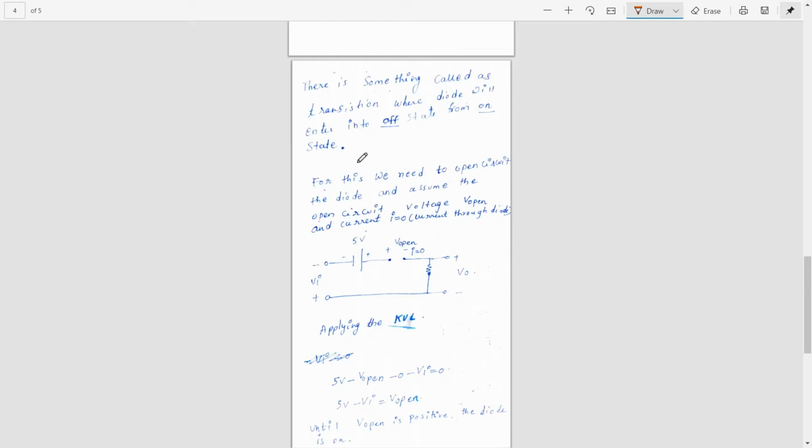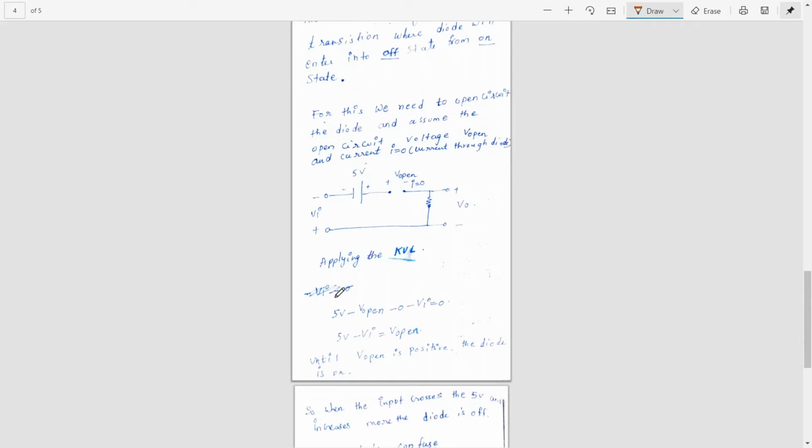Now to determine where this transition is happening, we need to open circuit the diode and replace the current through the diode with zero. So open circuit voltage, and the current through the diode is zero. Now let's apply the KVL.